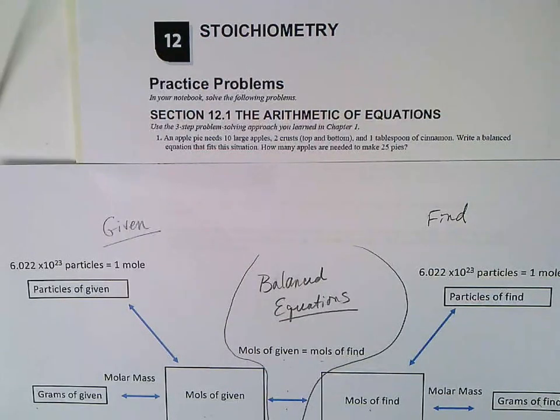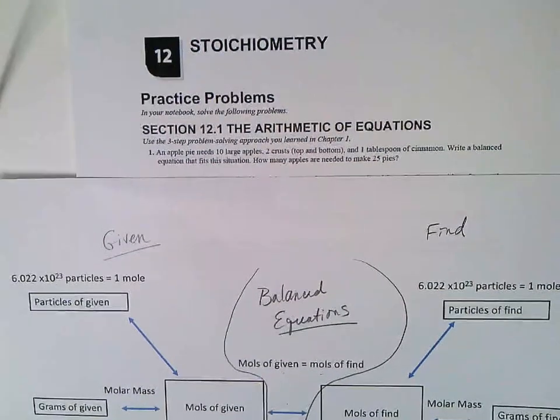I think you can take the first sentence and write your equation pretty well. I would abbreviate things like apple, I would call A, crust is C, cinnamon probably would be CN, and then equals 1 pie.